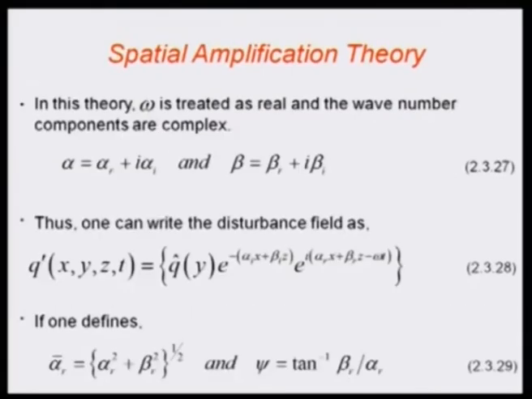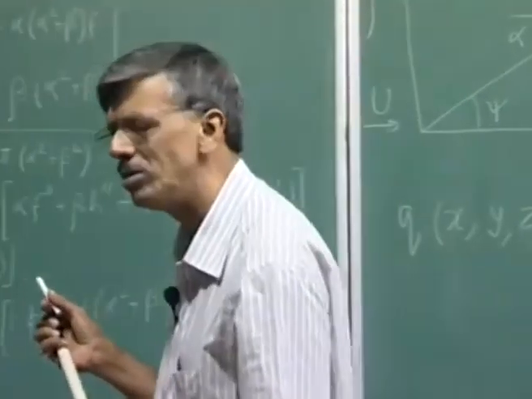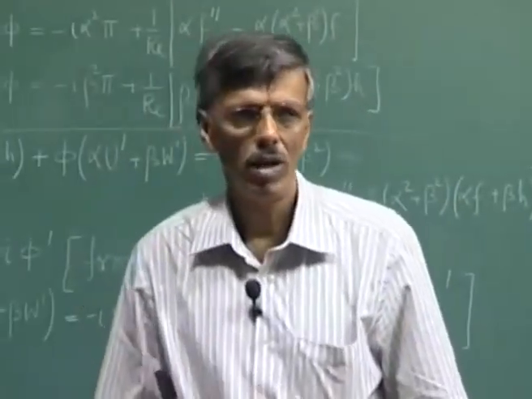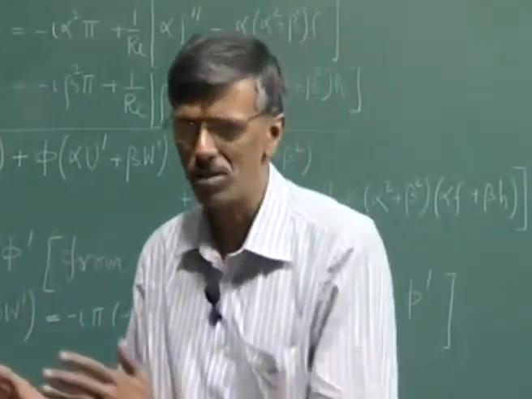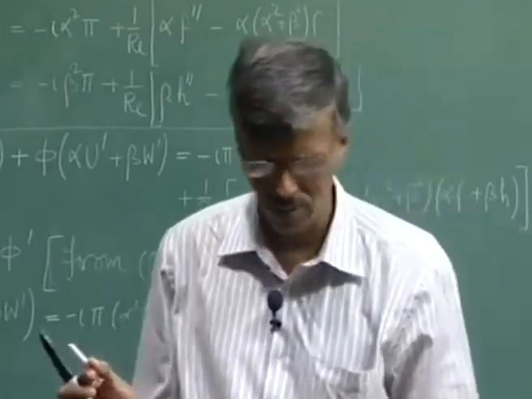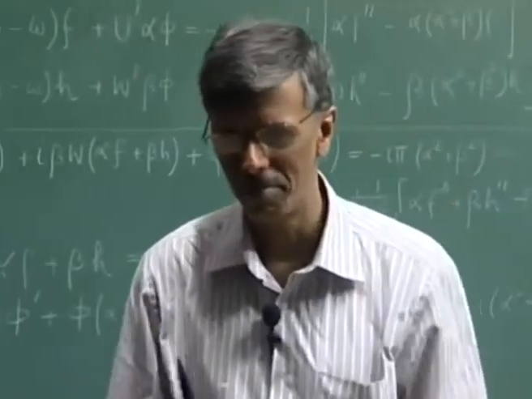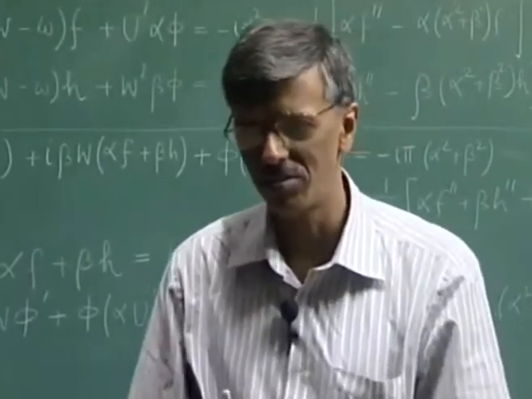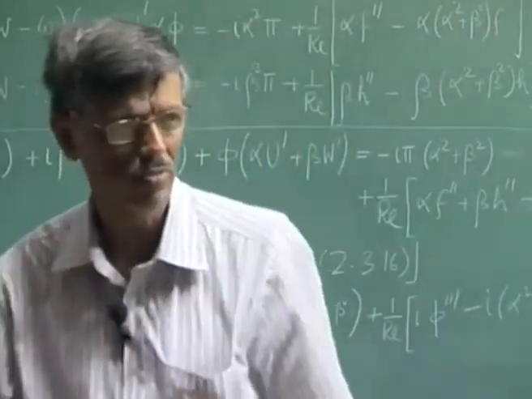Now, we could also have flow scenarios where the disturbances are seen to convect in space, and as they convect in space, they grow. What is the example? A very simple flow: flow over a flat plate. There you will see the disturbances do not grow with time; they convect and grow in space.